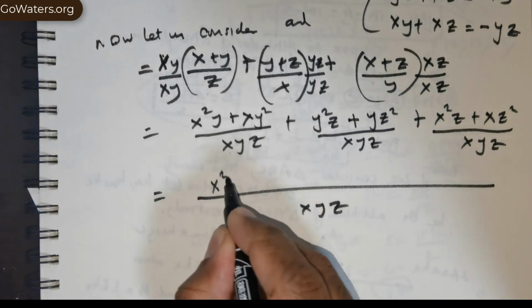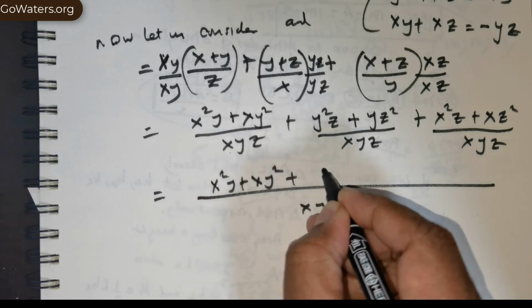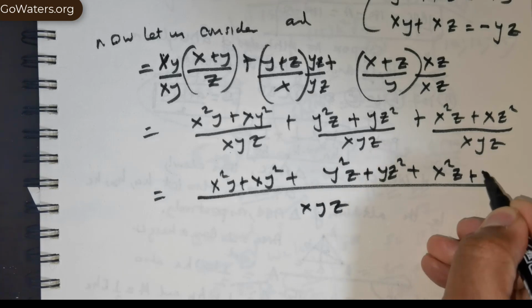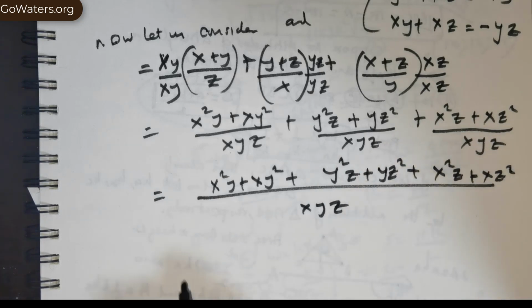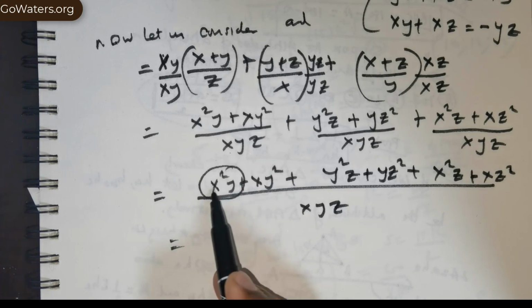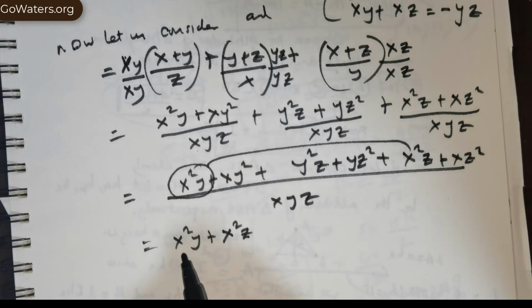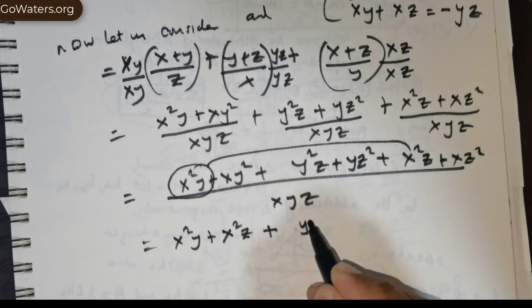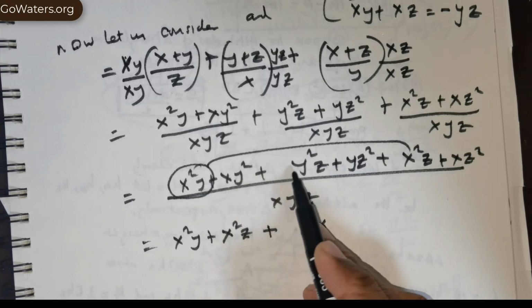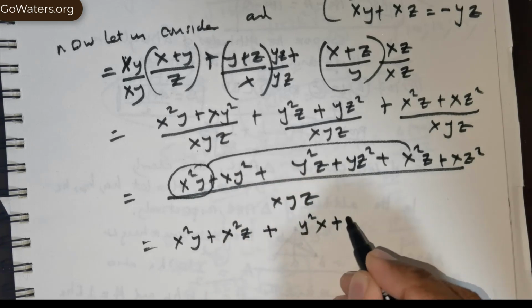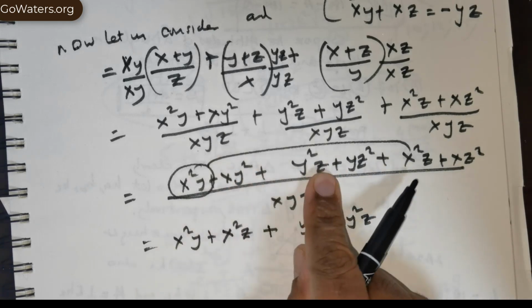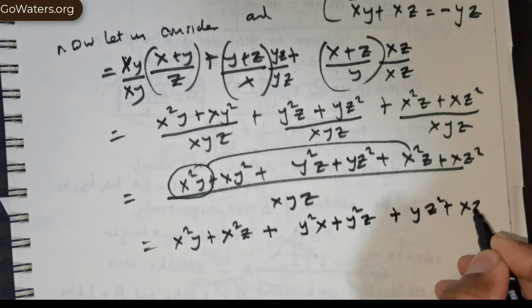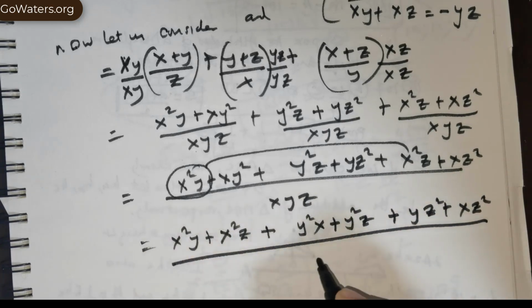I would like to club x squared y with x squared z, and club y squared x with y squared z. So the remaining term is yz squared + xz squared divided by xyz.